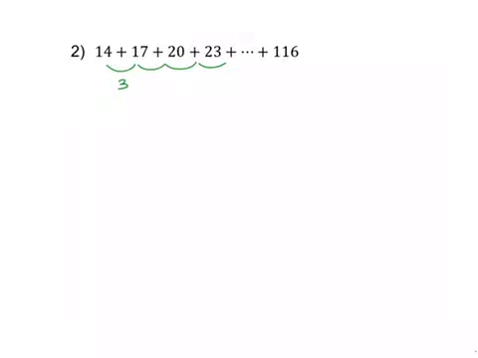Now I need to find that n value so I know what term that one is. So a sub n is 116 equals the first one, 14, plus n minus 1 times 3.